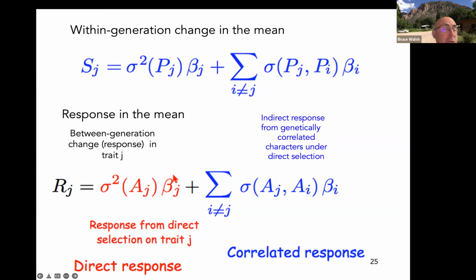So this could be positive, but this term overall here could be sufficiently negative that even though I've selected to increase trait J, it actually goes down. So I have a direct response and a correlated response. If I switch those to phenotypes, I've got a direct within generation change and a correlated within generation change.